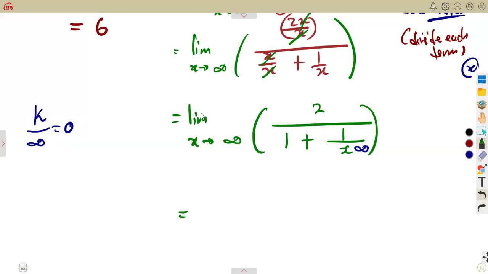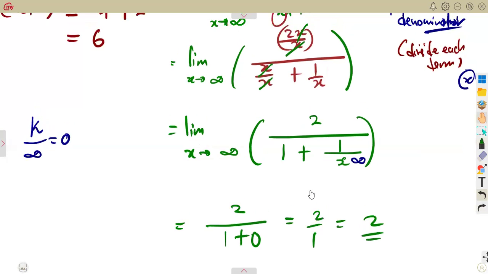We have substituted the limit, so we are not going to write the limit anymore, we just write our answer: 2 over 1 plus 0, so at the end we have 2 over 1, which is a 2. Thus, we can now determine the exact limit that we are given.